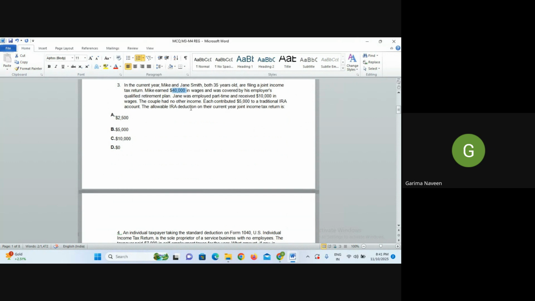Jane was employed part-time and received $10,000 in wages. That means their combined AGI is 50,000. Each contributed 5,000 to a traditional IRA. So you have to tell the allowable IRA deduction on their current year joint income tax return.